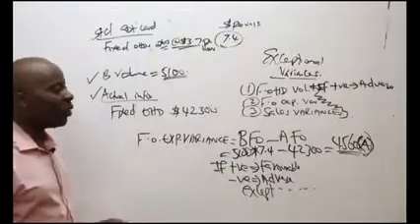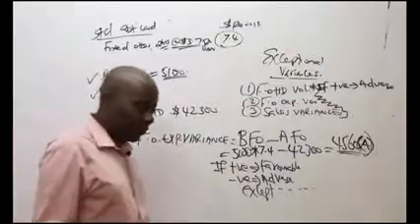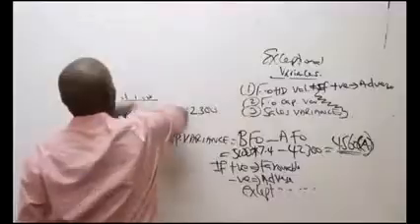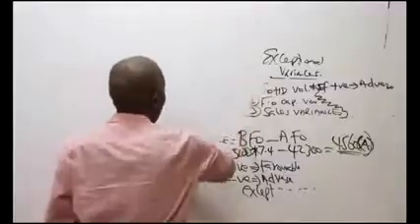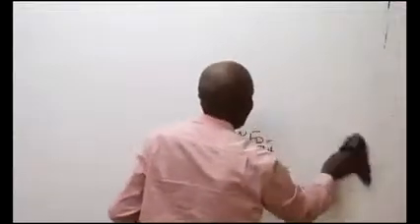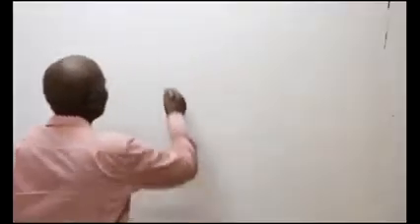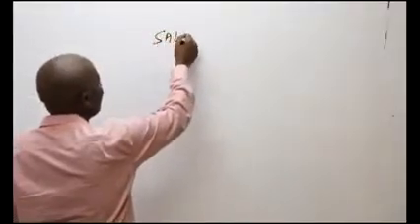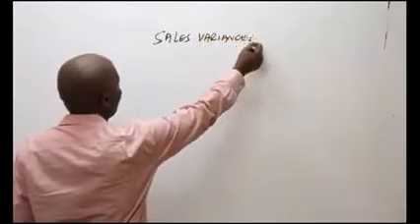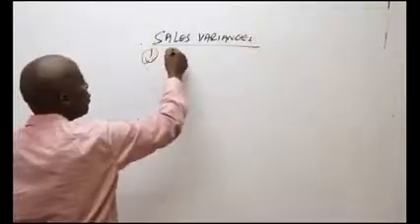Now, please allow me to go to our last type of variances called the sales variances. So we have here sales variances. Sales variances are two.